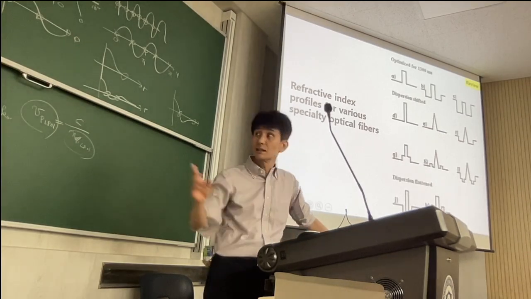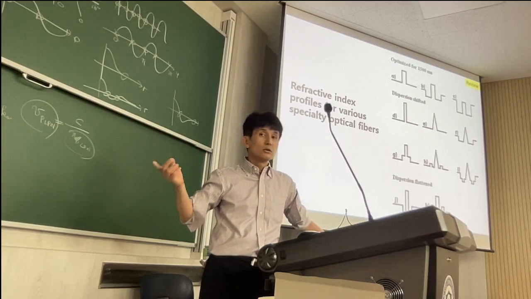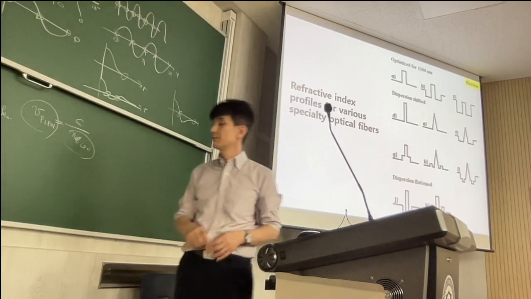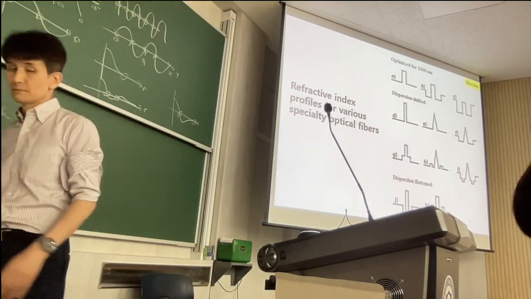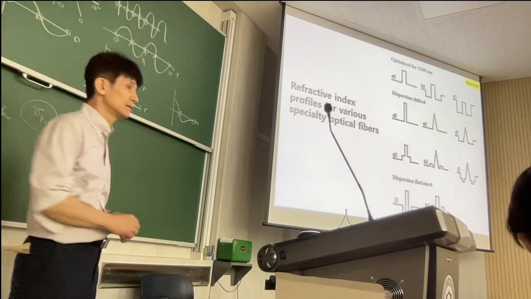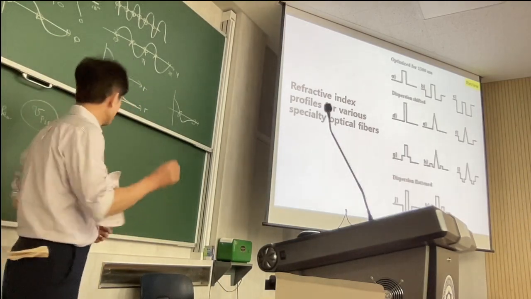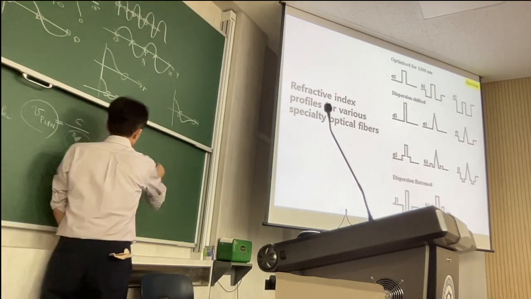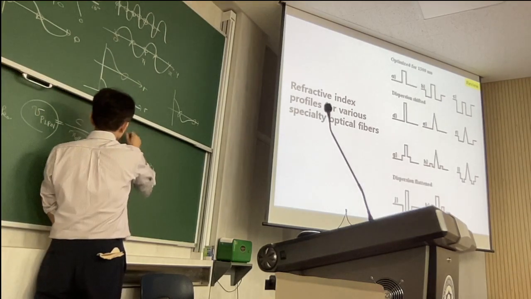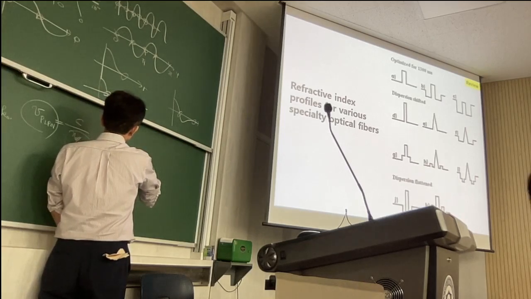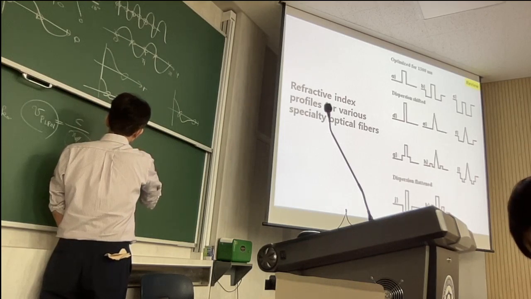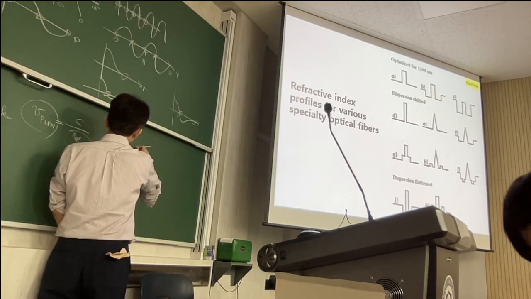So it's designing a waveguide structure to have a different dispersion property of an optical fiber. Can you remember when we do the pulse propagation, if this is a wavelength, the refractive index, the dispersion is like this.